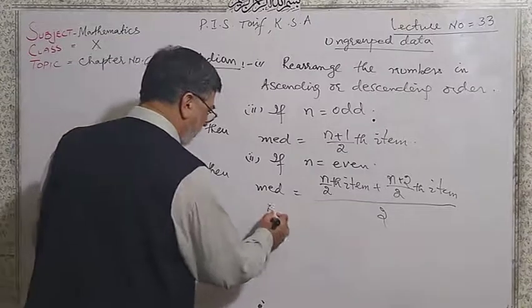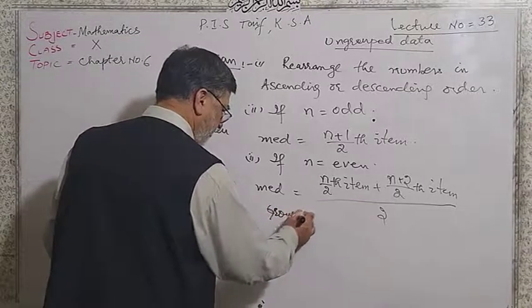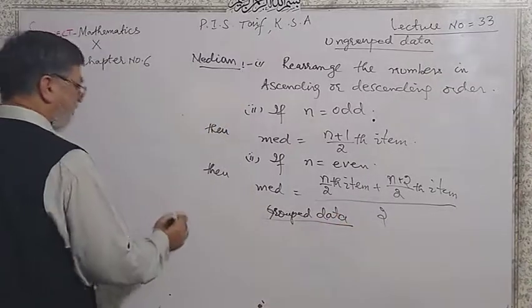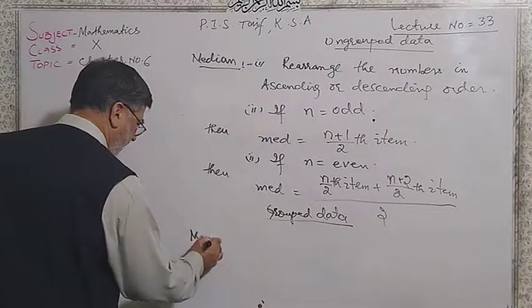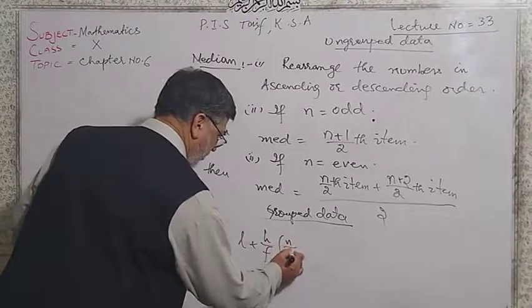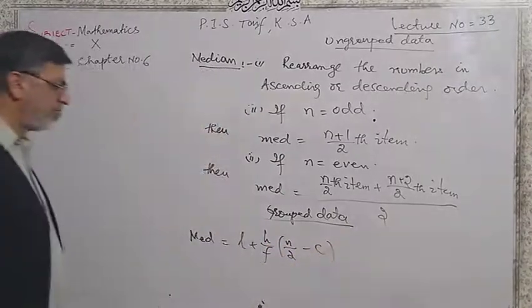Similarly, in case of grouped data, you will apply the formula median is equal to L plus h over f into (n by 2 minus C).